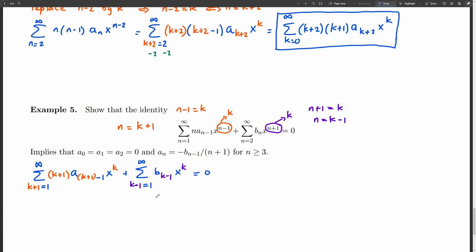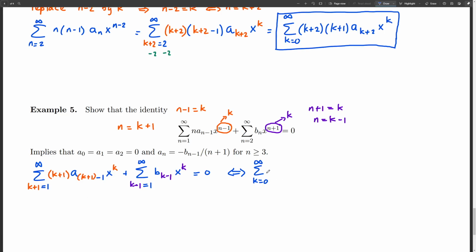So now let's simplify that. Right, so our first summation becomes k equals 0 to infinity.